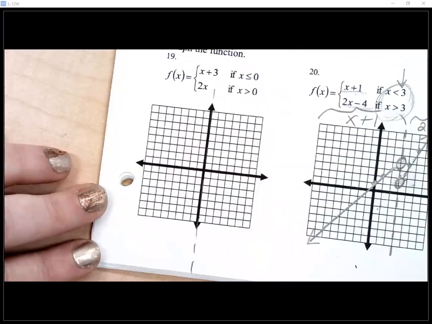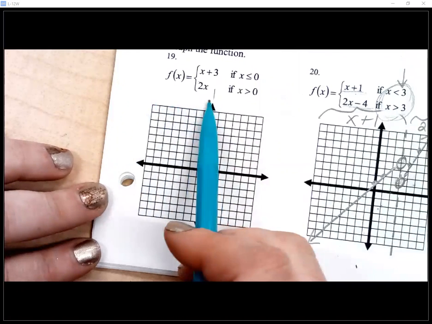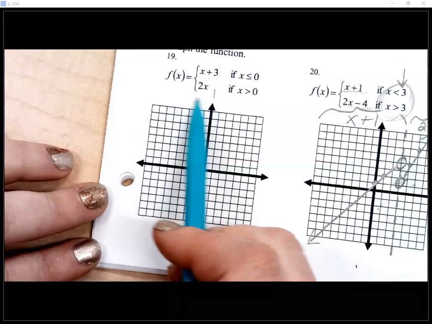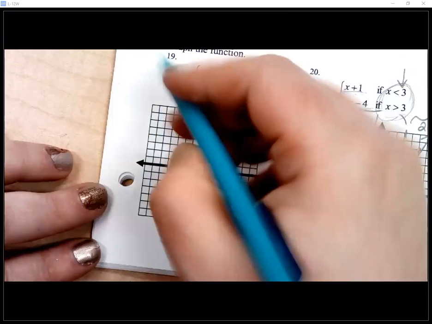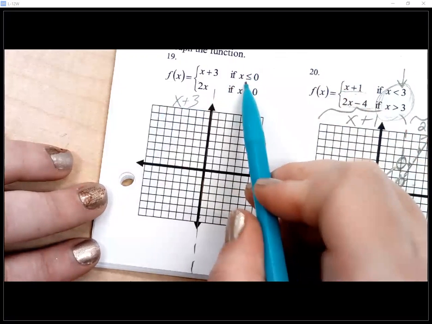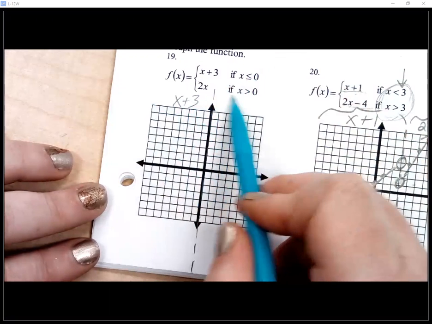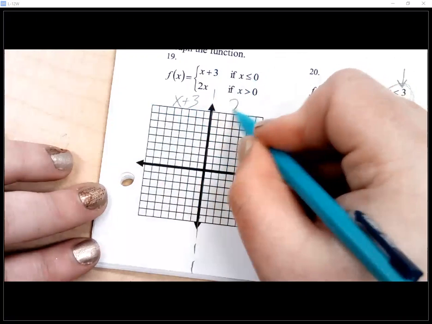So who is going to get graphed over here? x plus 3, because that one exists when x is less than or equal to 0. So this side will be where I graph x plus 3. x is greater than 0. This side is where I will graph 2x.